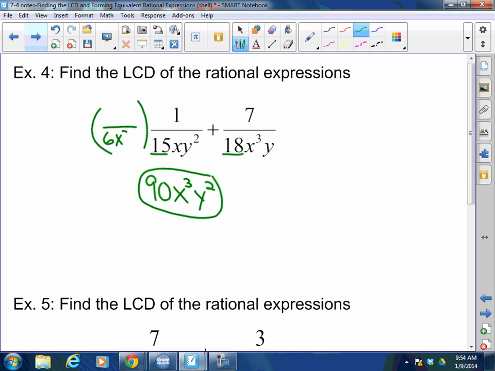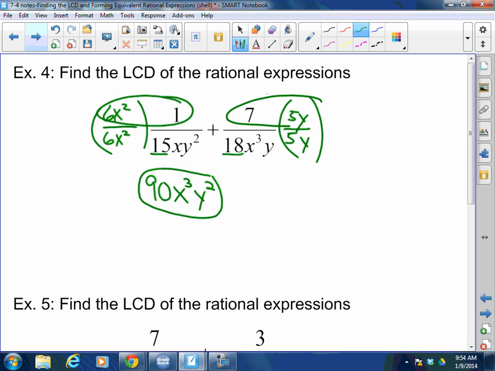I need an x squared, and I don't need any y's. I need to multiply at the top and bottom. To this one, I'd have to multiply 5y to top and bottom. Now from here, multiply this, add the numerators. I already have a common denominator, and then I would simplify.